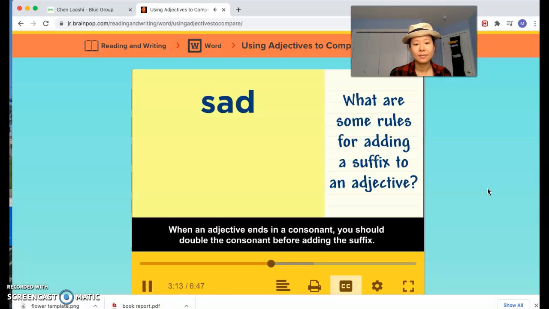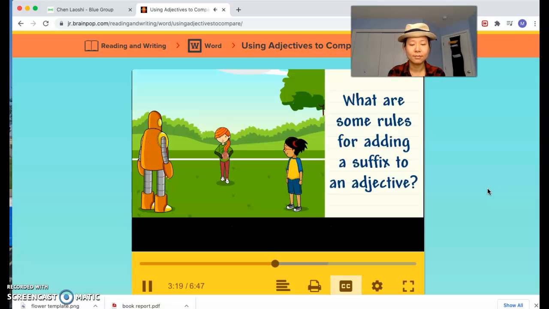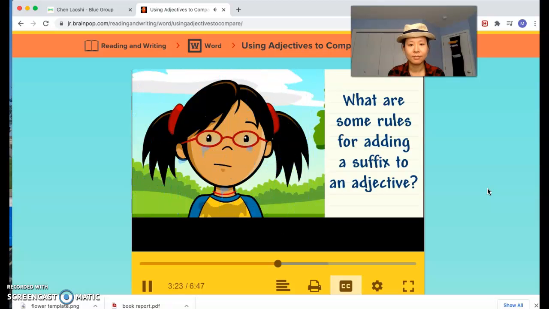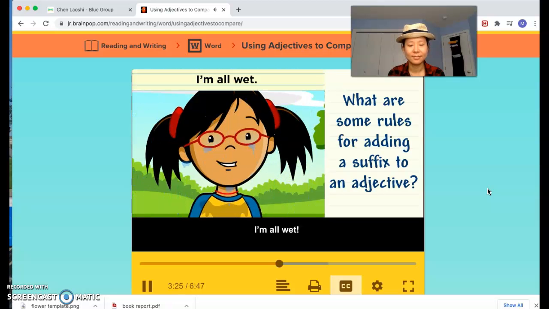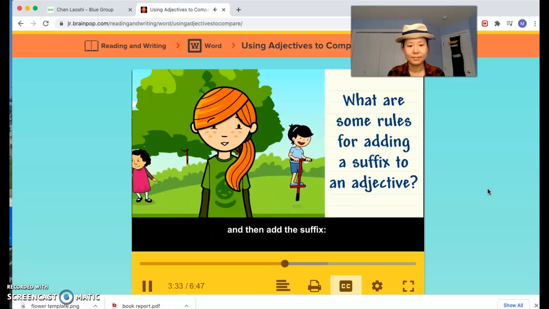When an adjective ends in a consonant, you should double the consonant before adding the suffix. I'm all wet. The word wet ends in a consonant, so you have to double the consonant and then add the suffix.